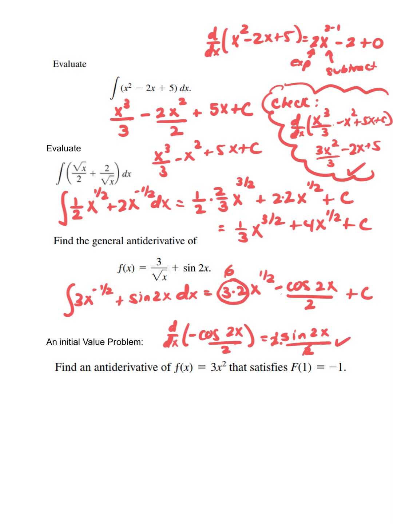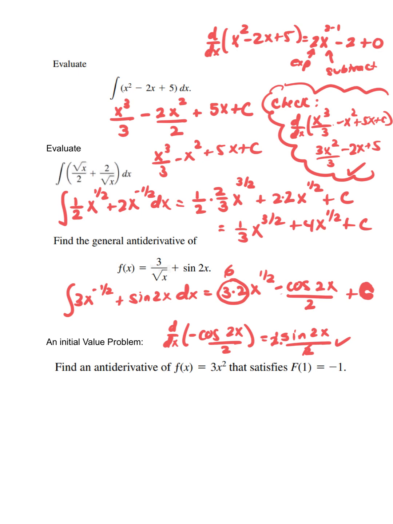Okay, we're going to talk about something called an initial value problem. That's when you're asked to find an antiderivative, but you're not asked to find the general antiderivative, which means that you have all of these little c's on the end. The c's make it the general antiderivative because that constant could be anything.